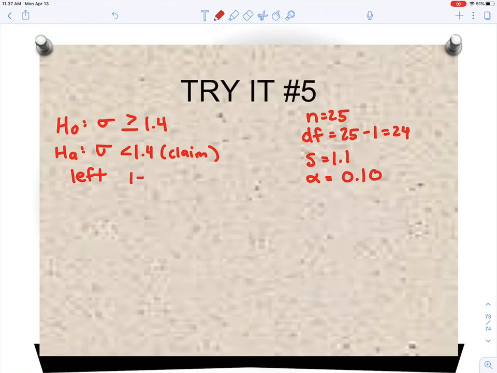So since it's left-tailed, I'm going to do 1 minus my level of significance, so I can find my rejection region. It's left-tailed. I'm looking at 0.9 and 24. 15.659.